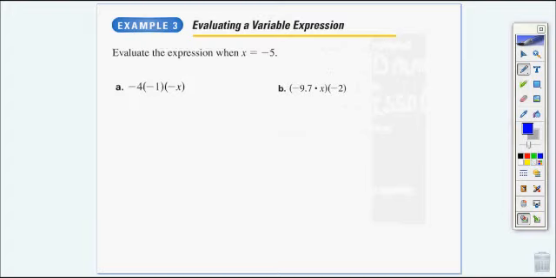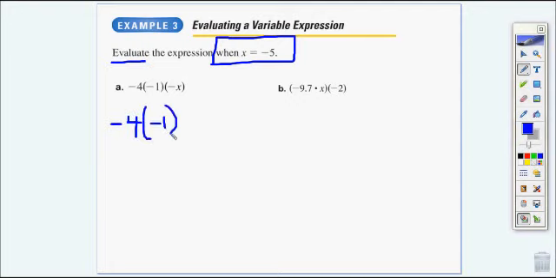So, evaluating a variable expression, and we have a when here, so evaluate when means substitution. So we have -4 times negative 1, and then we're going to substitute in a negative 5.